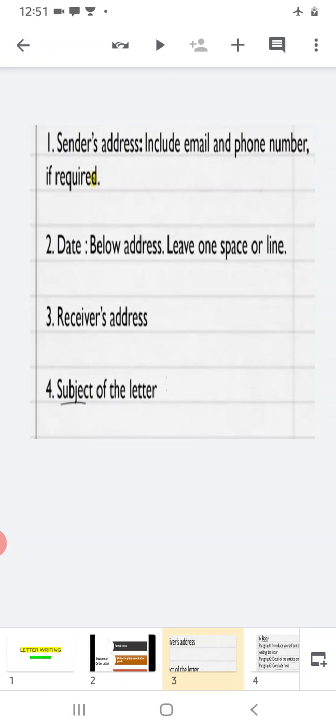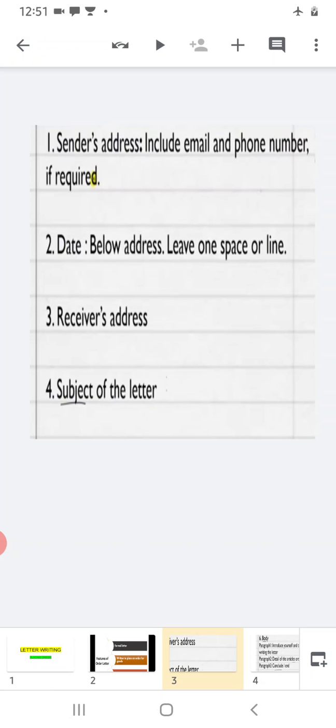Now, the format. The format of this letter includes the sender's address. The sender's address can be of course the house number or whatsoever, the school address, and it may include email and phone number if given in the question. Second point to be kept in mind is to write down the date.